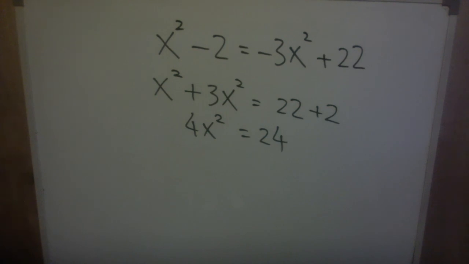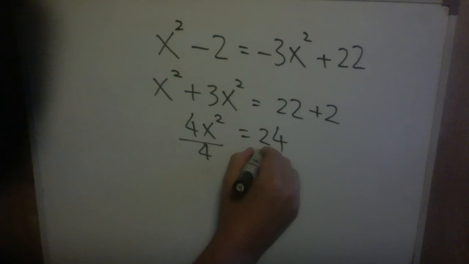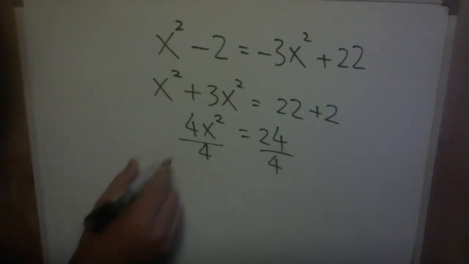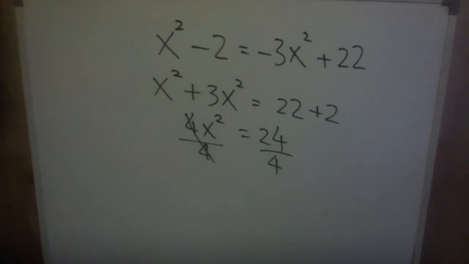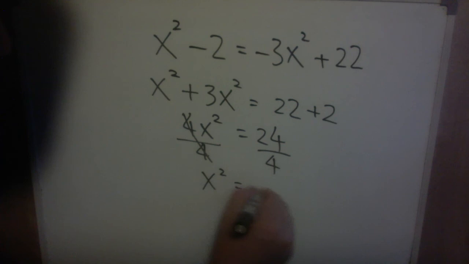And you can divide both sides by 4. The 4's go away on this side, so this is just x squared equals 6.